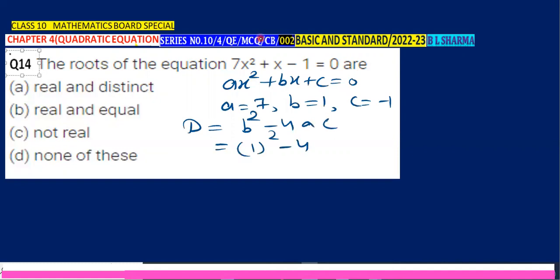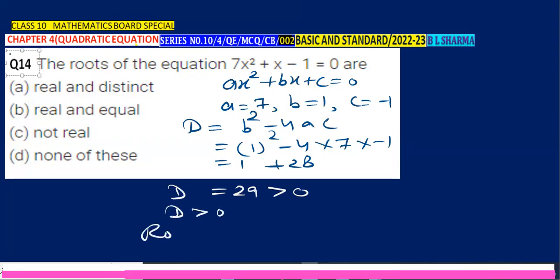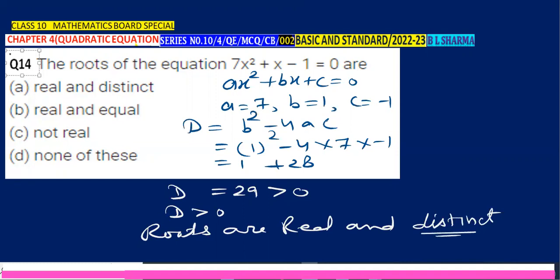So 1 square minus 4 into 7 into -1, so 1 plus 28, means discriminant is 29, which is greater than 0. When discriminant is greater than 0, roots are real and distinct. Real भी होंगे और different भी होंगे. So here A is the correct option.